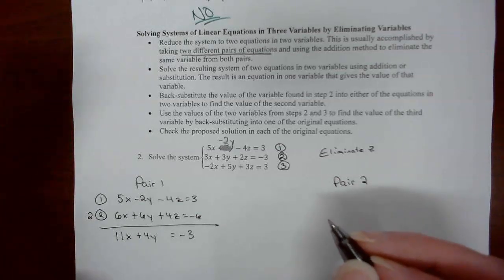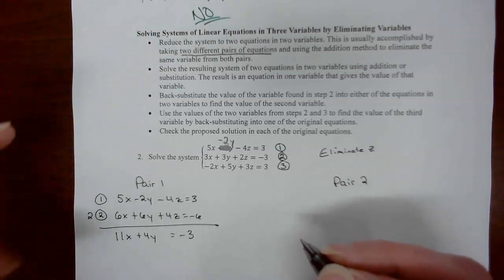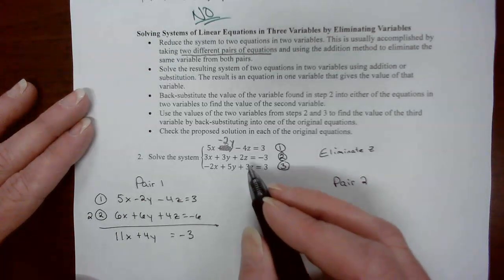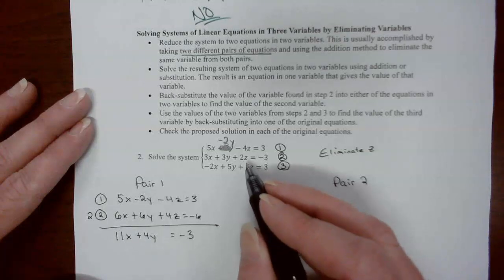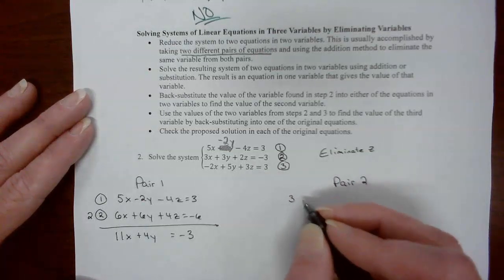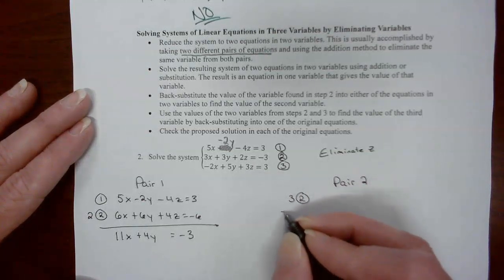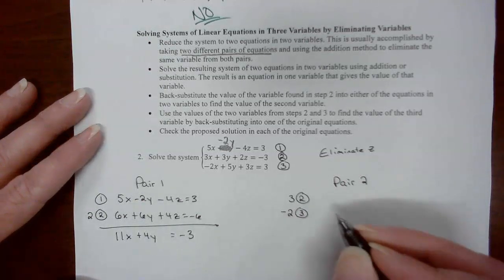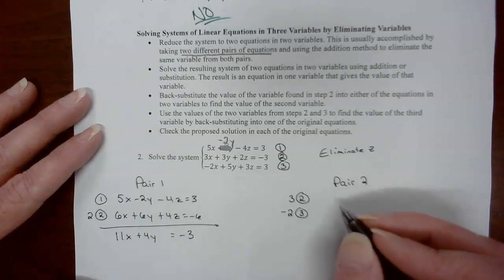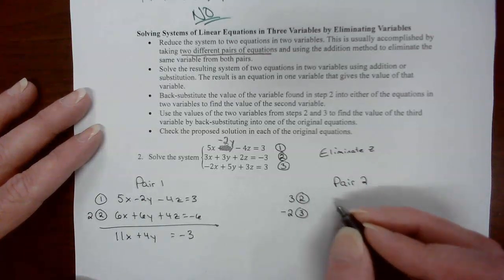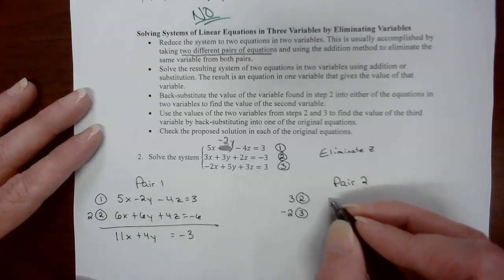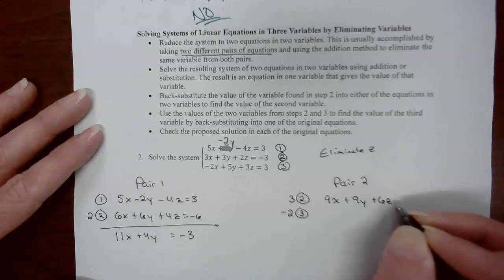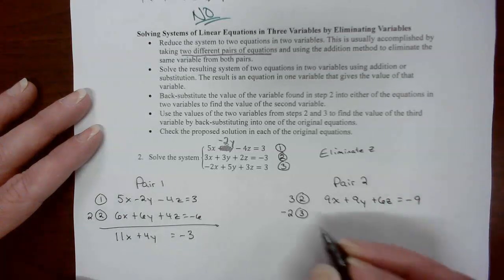Pair 2. I need to combine 2 different pairs of equations. So I still want to get rid of z. I think I'm going to use 2 and 3. I think I want to do 3 times equation 2 and -2 times equation 3. Let's see what happens. So I'm going to take 3 times equation 2. So 3 times 3x, that's 9x, 9y, 6z equals -9.